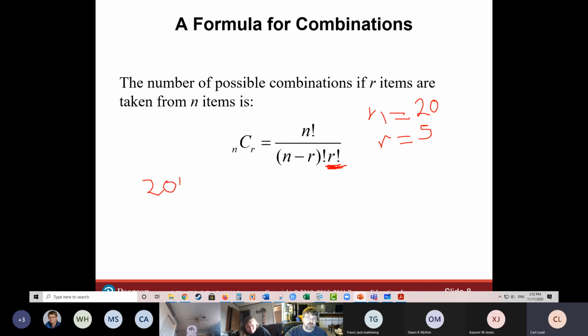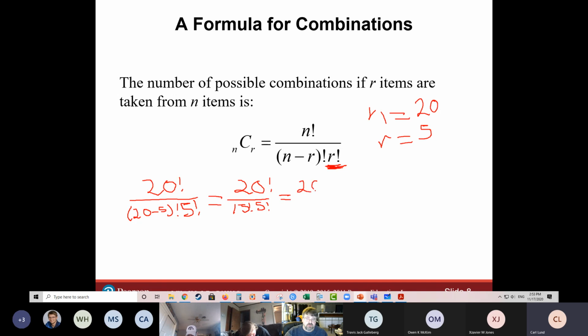That is 20 factorial divided by (20 minus 5) factorial times 5 factorial. So that's going to be 20 factorial over 15 factorial times 5 factorial.